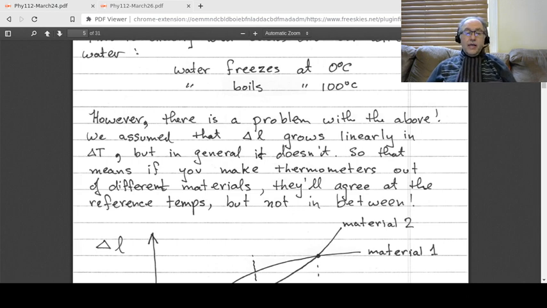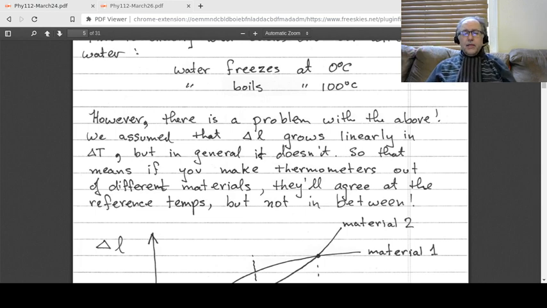In order to make this temperature scale, we need two reference temperatures. We can have two different materials, say bronze and steel, or alcohol and mercury. We don't make thermometers out of mercury anymore because mercury is a heavy metal and a bit dangerous, but you could have different materials, and we can make thermometers that would agree at those two temperatures, because after all, we're calibrating them at those two temperatures.